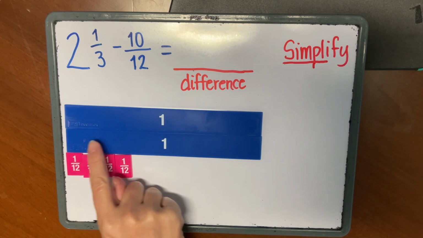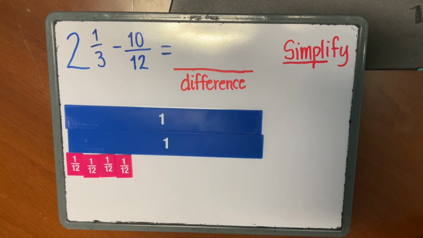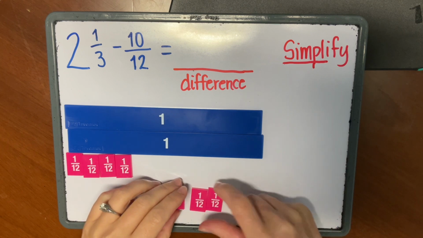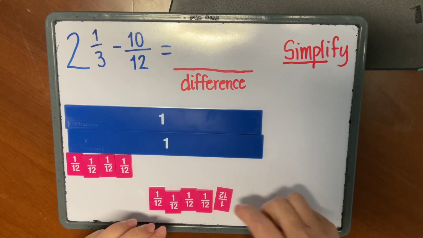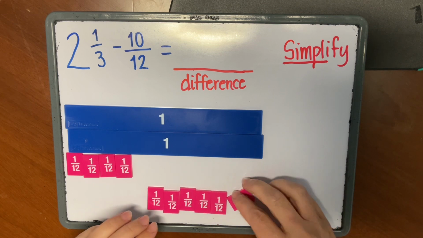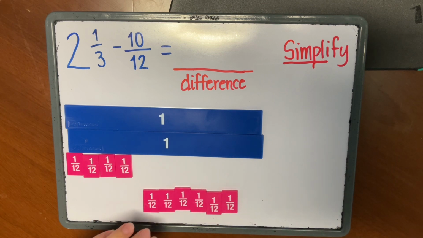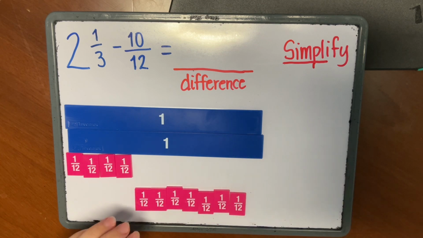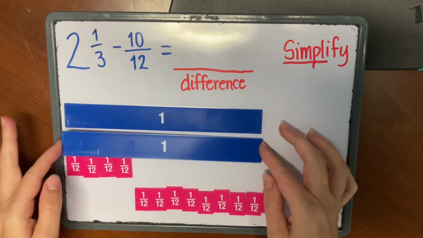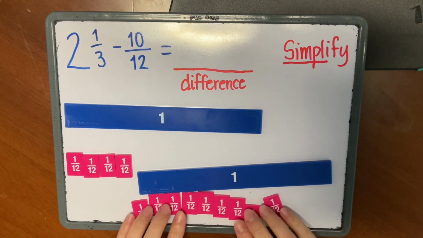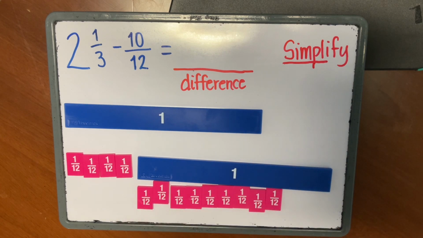Well, I could trade a whole next. How many 12ths would equal 1 whole? 12 12ths should equal 1 whole. Let's see if that matches my fraction tiles. If I have all 12 of them, I should be able to make a whole. Let's see, I can even match it up here, almost there.